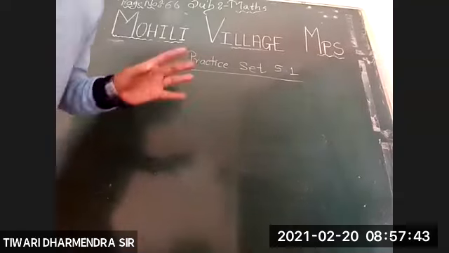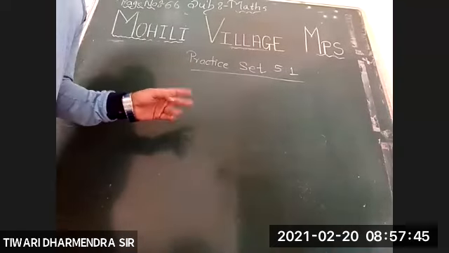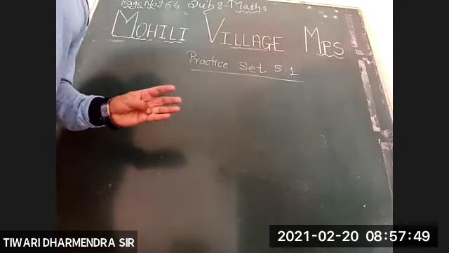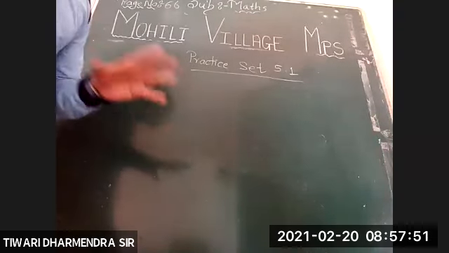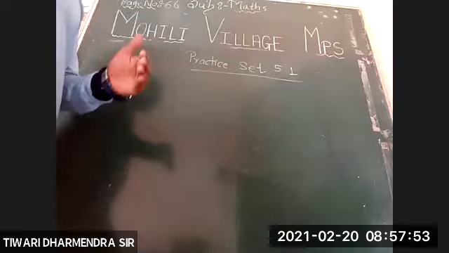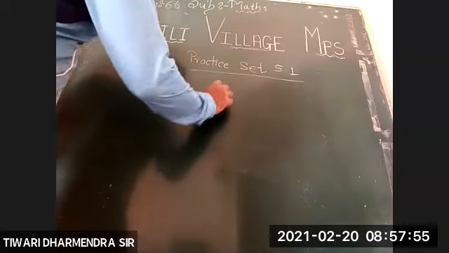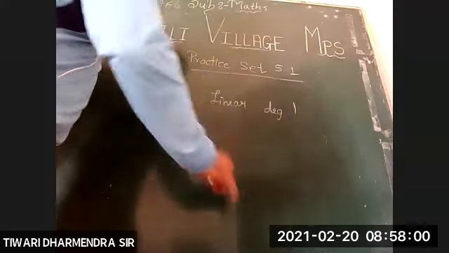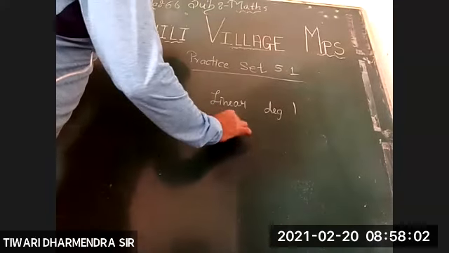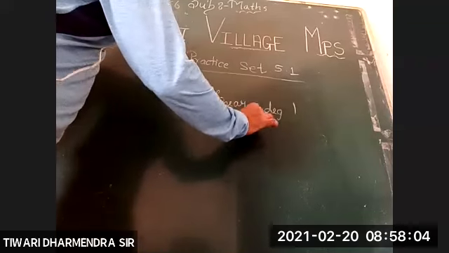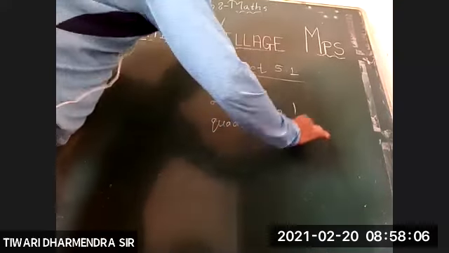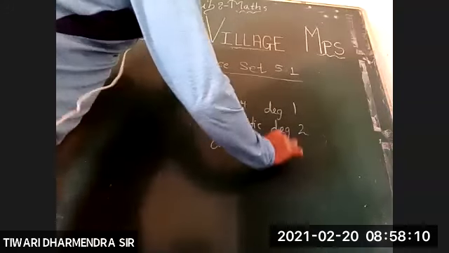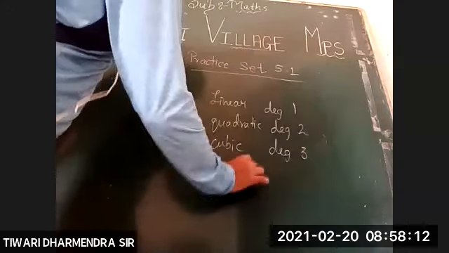Remember one thing, as I've told you, any variable other than degree 1 is never a linear equation, because linear means degree 1, and after that quadratic means degree 2, cubic is degree 3, and so on.